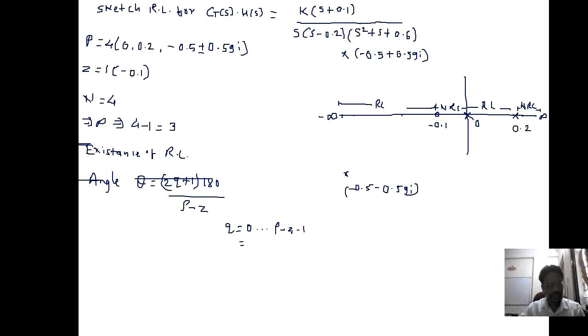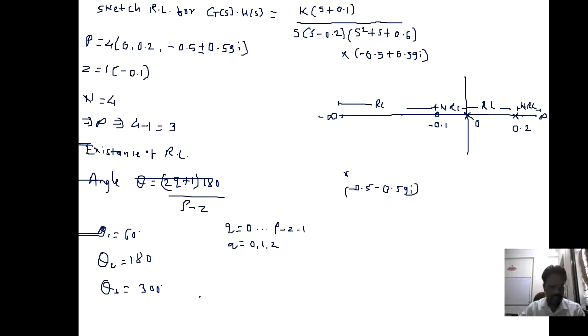So p minus z is 4 minus 1, that is 3. 3 minus 1 is 2, so up to 2: 0, 1, 2. These are the values of q. As we got 3 values for q, we will get 3 angles. Putting each value one by one, you get theta 1 as 60 degrees, theta 2 as 180 degrees, and theta 3 as 300 degrees. That means the complete circle is divided into 3 parts: 60, 180 and 300. So these are the angles of asymptote.